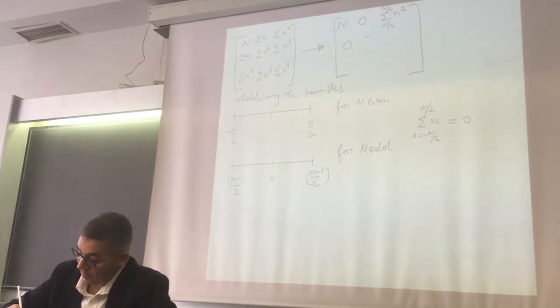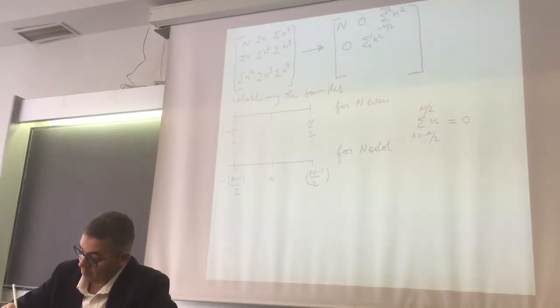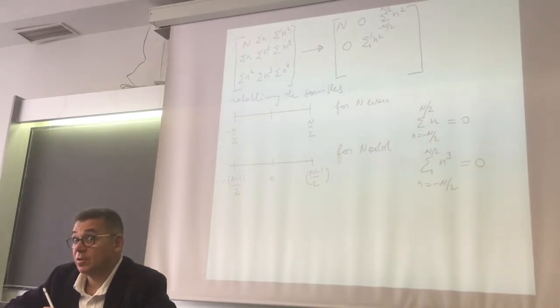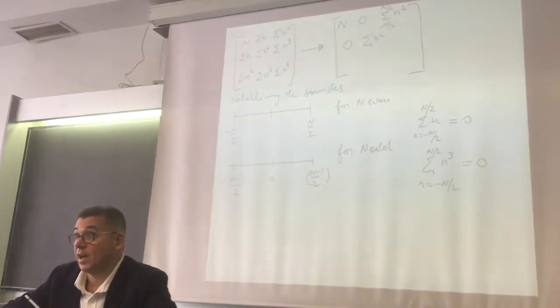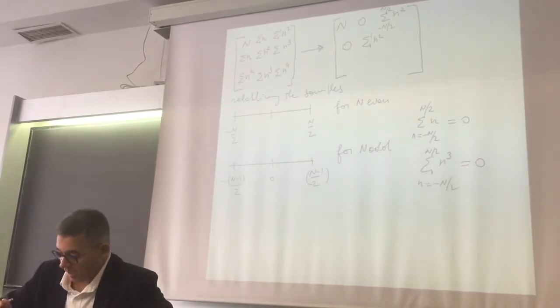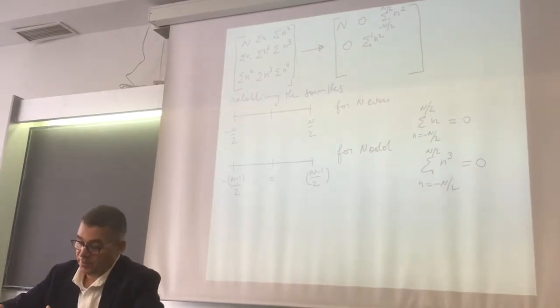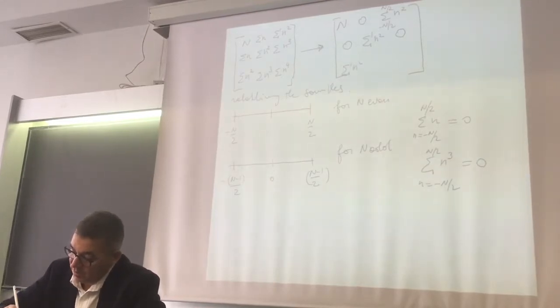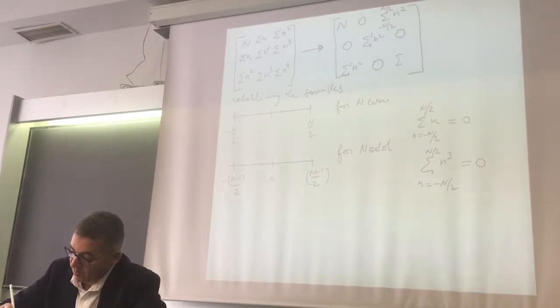Then I have the sum of n cubic, n going from minus n half to n half, which is equal to 0 for the same reason. If I calculate the integral of the function it is 0. The sum of all the sequence is 0. Then I have the sum of n squared for the same extremes, and the sum of n4.